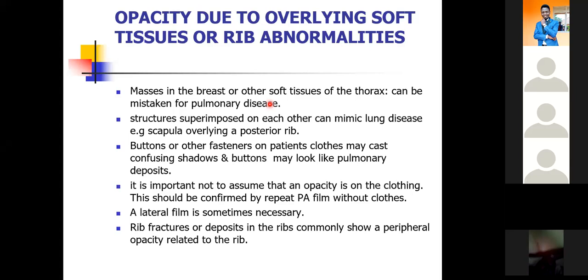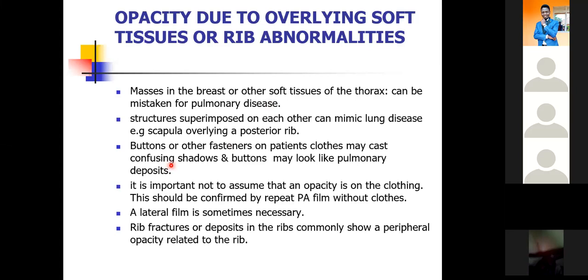Others can be inanimate objects on the patient, for example, buttons or other fasteners, or even folds from the patient's clothing if the patient is not adequately exposed. So we have to think about those and not get into traps with them.